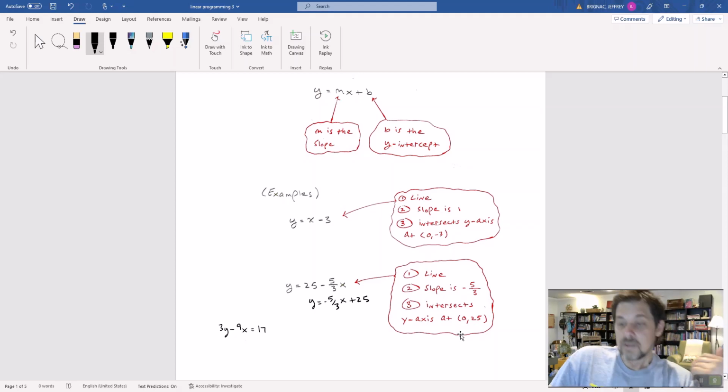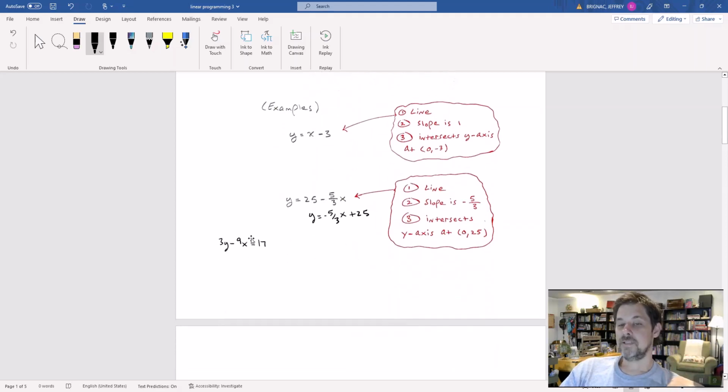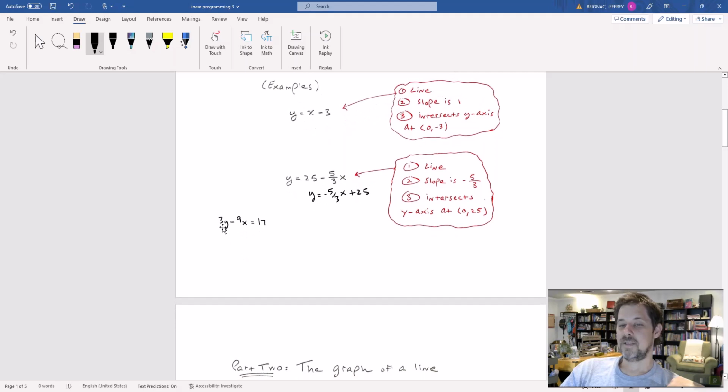So I might get the idea that it might not be that hard to see an equation and recognize right away that it's a line and that it has a slope and a y-intercept. But what about this one? This one is mixed up quite a bit. Let's say we've got 3y minus 9x is 17.